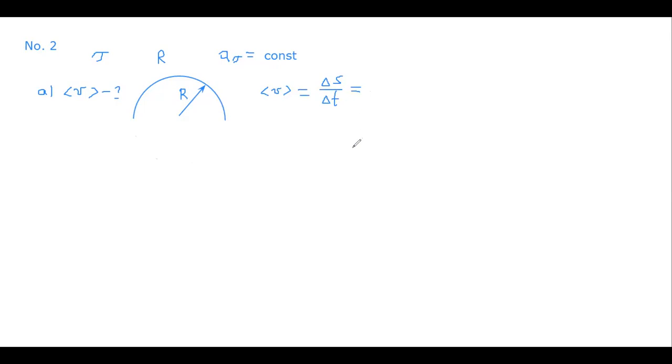And now we have to substitute something instead of delta s and delta t. So what can we say about delta s and delta t? Delta s is the whole path that was traversed, and delta t is the full time of motion.